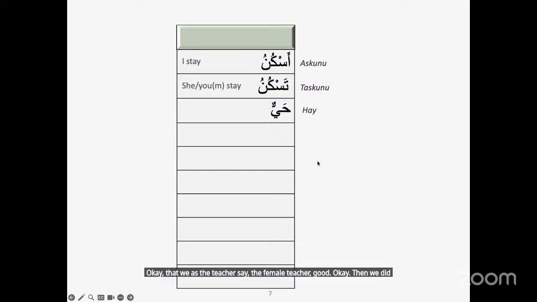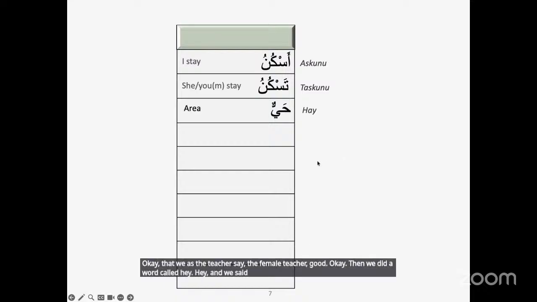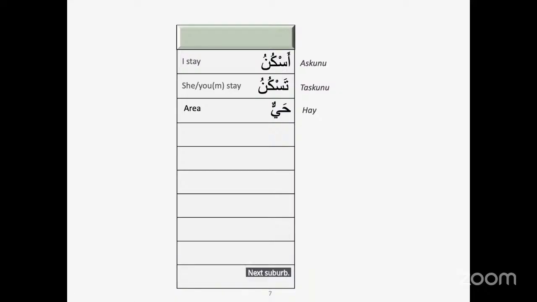Then we did a word called hay. We said hay is area, like suburb. So أسكن في حي, then you can say Lansdowne, Sandton, and so on. أين تسكن؟ أسكن في حي so and so.